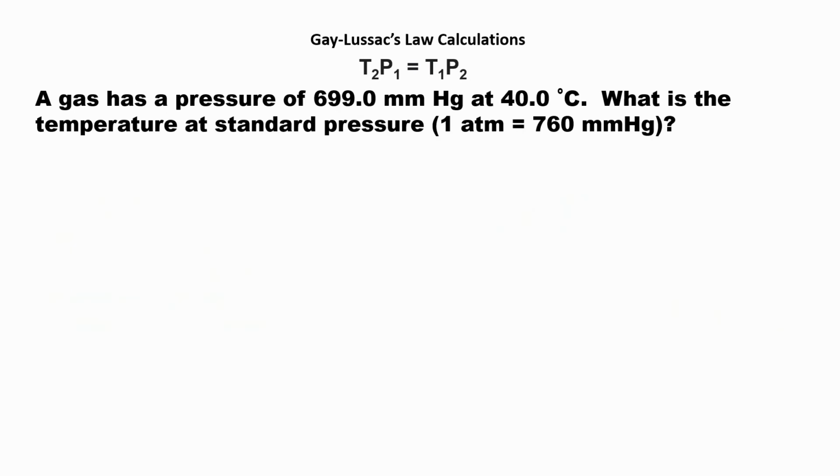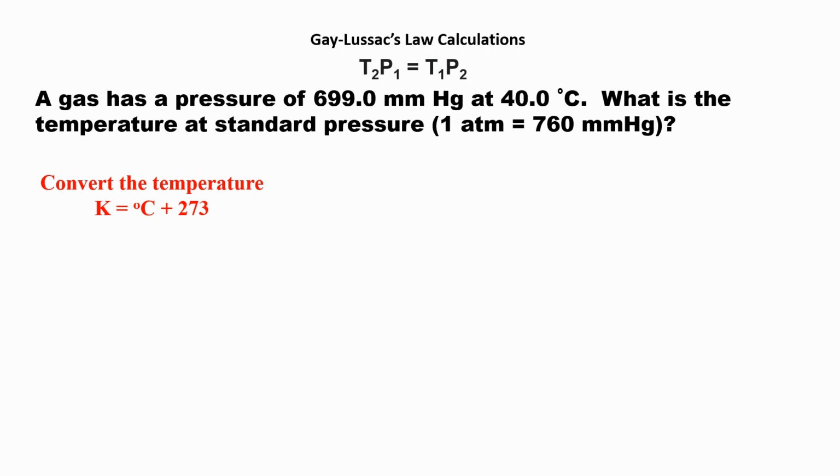A gas has a pressure of 699.0 millimeters of mercury at 40 degrees Celsius. What is the temperature at standard pressure, where standard pressure is equal to 1 atm or 760 millimeters of mercury?